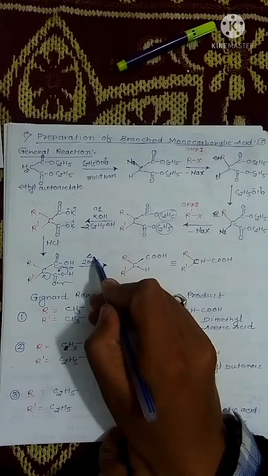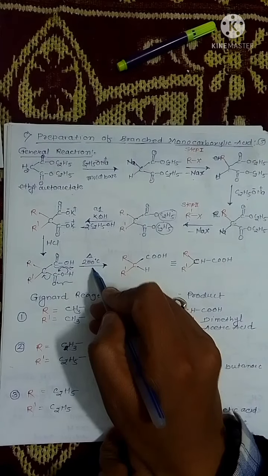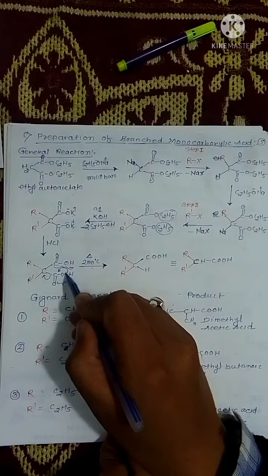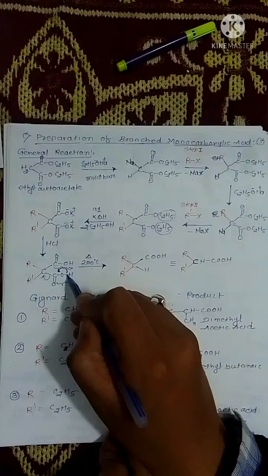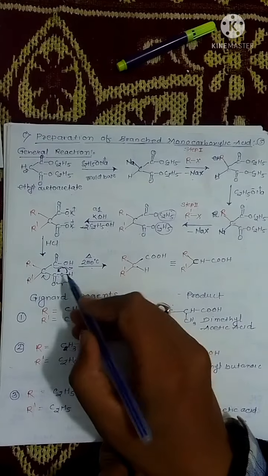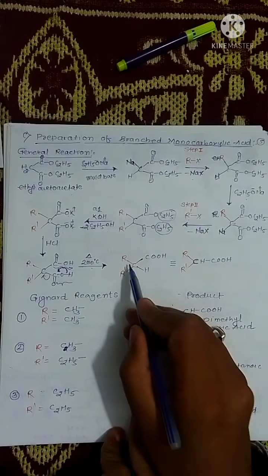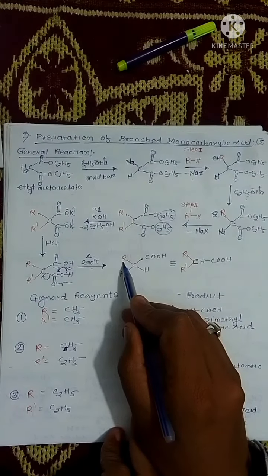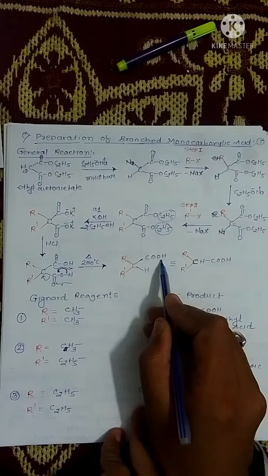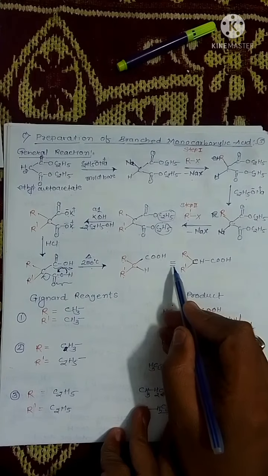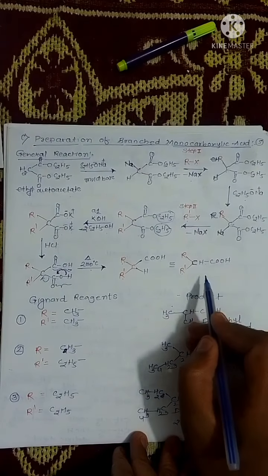When this compound is heated at 200 degrees centigrade, one of the carboxylic groups gets decarboxylated. That is, the hydrogen shifts here and CO2 goes out, and this hydrogen comes onto this carbon atom. So we get a structure like this: R, C, R dash, H, COOH, which is equivalent to R, CH, R dash, COOH.